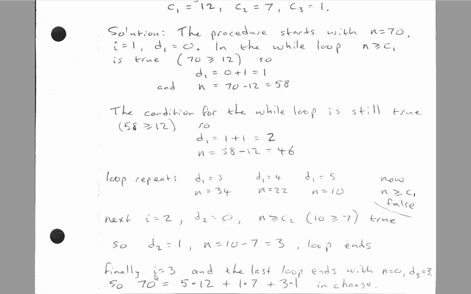And finally, I equals 3, so we just finish using the pennies. D3 is 3, we need 3 pennies. So the output is D1 is 5, D2 is 1, D3 is 3. To make change with these coins, we need 5 12s, 1 of the 7-cent coins, and 3 pennies.